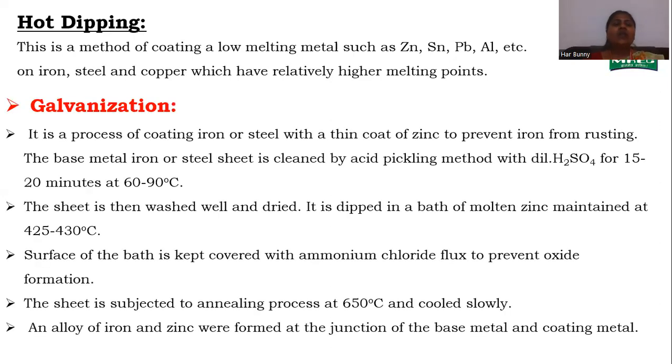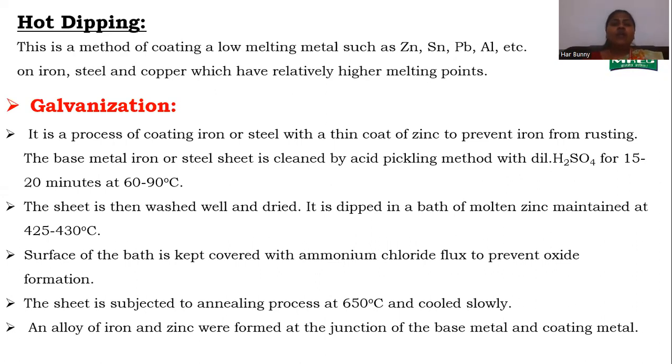So let us study what the galvanization process is. Galvanization is a process of coating iron or steel with a thin coat of zinc to protect the iron from rusting. As I said, here the base metal is iron and the coat metal is zinc, right?